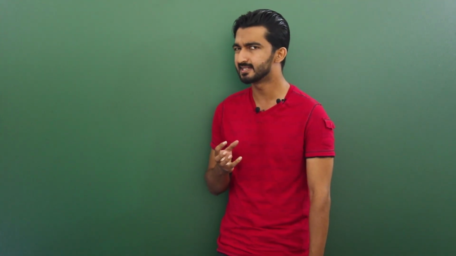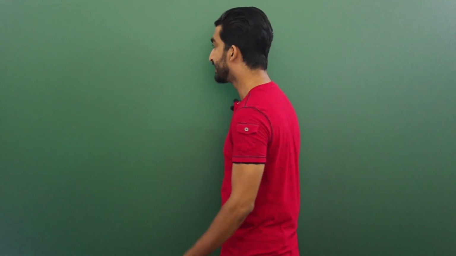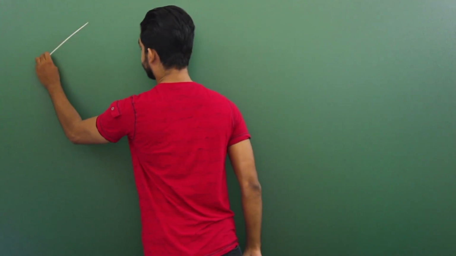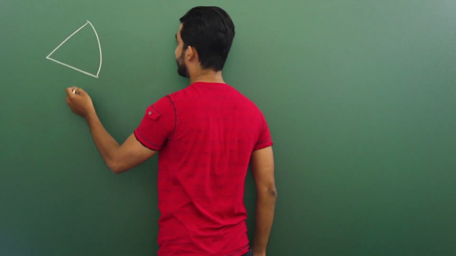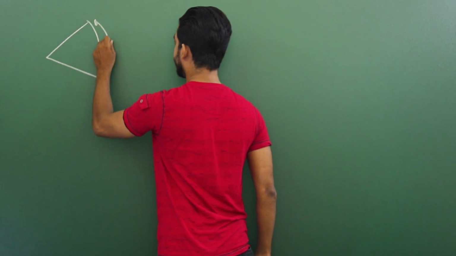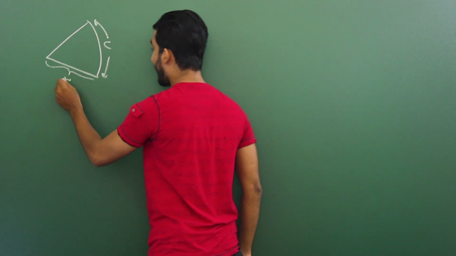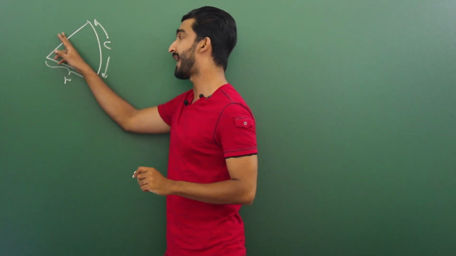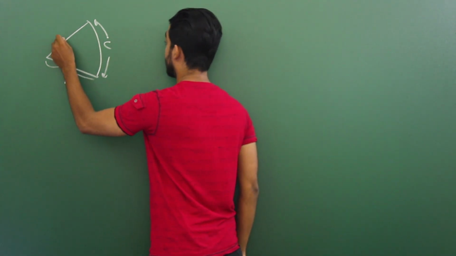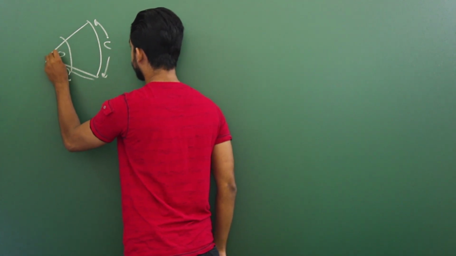In A-level combined mathematics, we hardly use degrees. We use radians in almost all the cases we deal with. So what's the basic concept of radians? Now, if you consider a sector with arc length C and radius r, and if we are measuring this angle in radians, let's say this is theta radians.